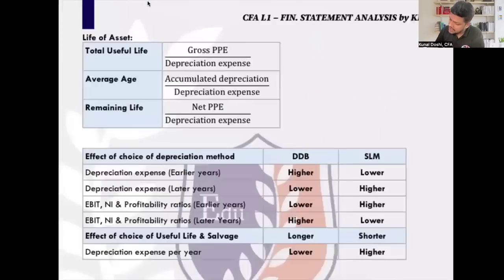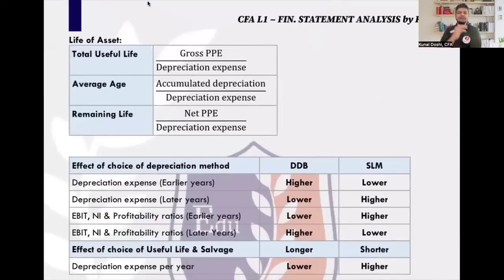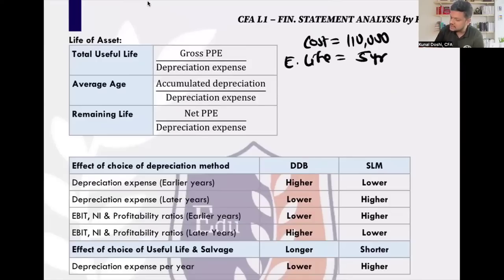So let's assume first for SLM depreciation. Imagine the cost at which you purchase the asset was 110,000. The estimated life of the asset, imagine, was 5 years, right? And the estimated salvage, what is salvage?